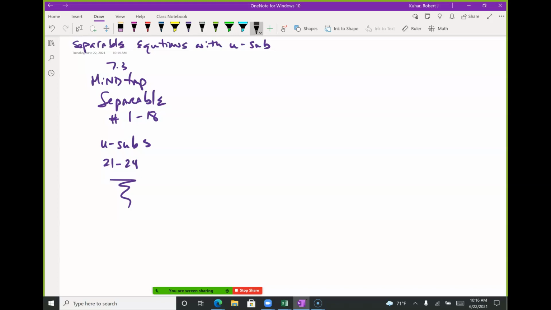Let's look at the first one we should do. y prime is x plus y. So it's not a product or a quotient, and it doesn't look separable. But it turns out I can do this one if I do a u sub and turn it into a product. On all of the u subs, I will tell you what the u sub is, as the book does, and I would do that on the test too.